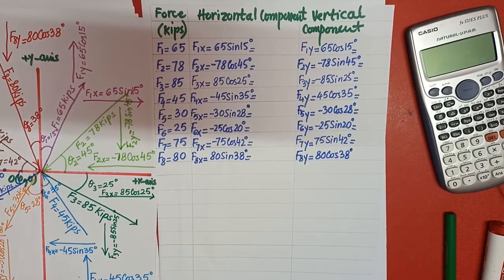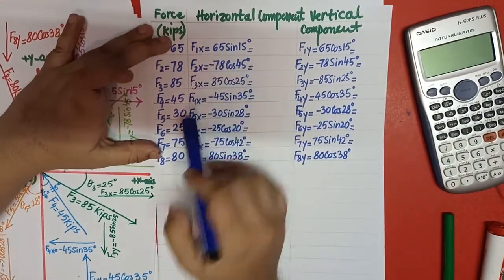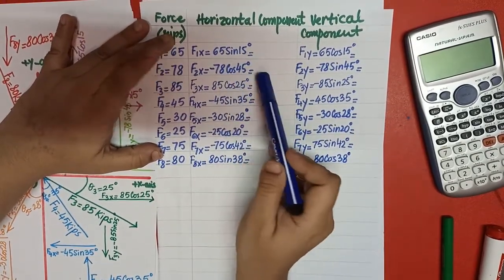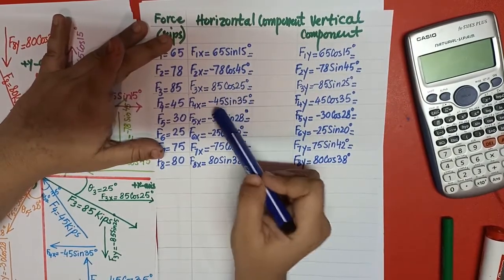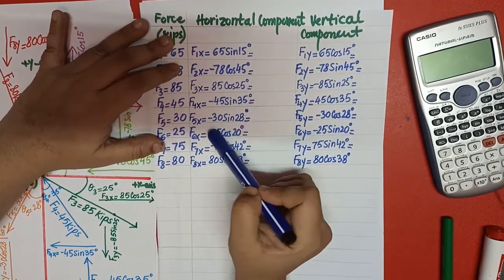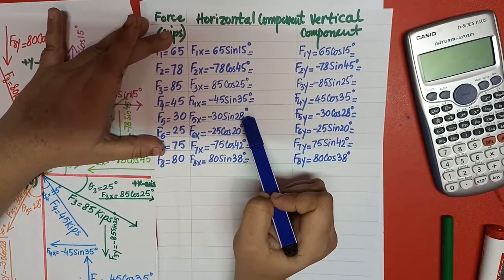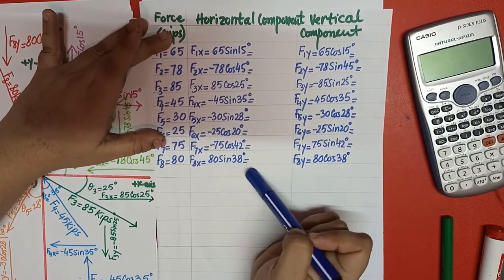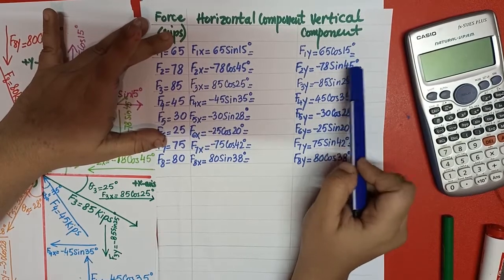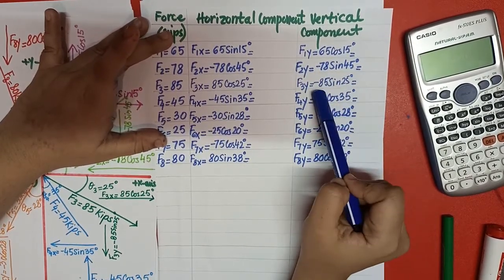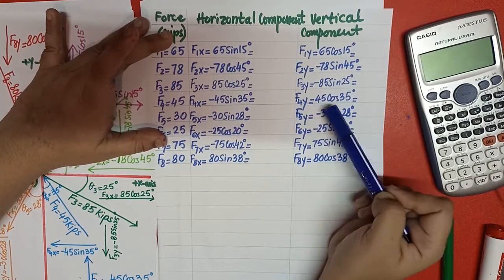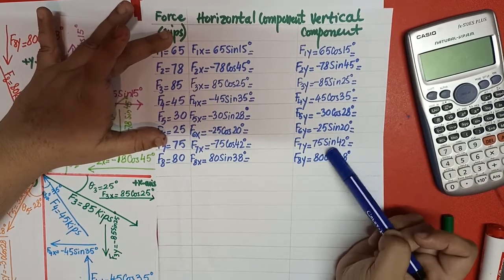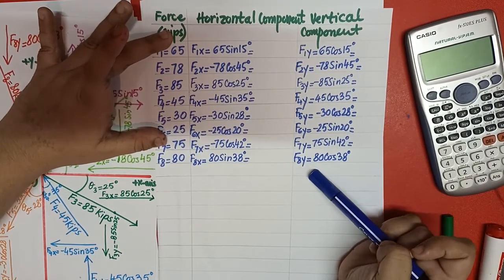Please check that you have written all the components properly and correctly. For example, this is 65 sine 15 degrees, minus 78 cos 45 degrees, 85 cos 25 degrees, minus 45 sine 35 degrees, minus 30 sine 28 degrees, minus 25 cos 20 degrees, minus 75 cos 42 degrees, 80 sine 38 degrees, 65 cos 15 degrees, minus 78 sine 45, minus 85 sine 25, 45 cos 35 degrees, minus 30 cos 28 degrees, minus 25 sine 20 degrees, 75 sine 42 degrees, minus 80.